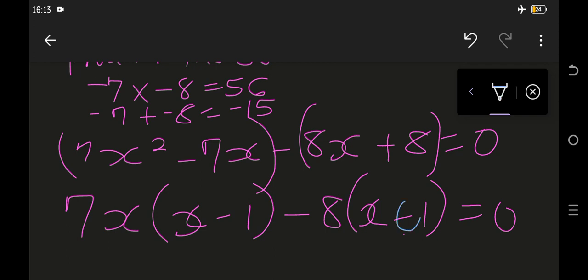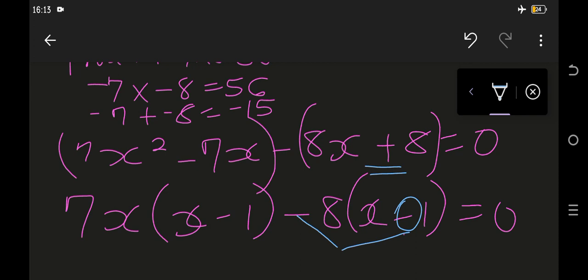The reason as to why we are writing negative there is if you take this negative times this negative, you're going to get that positive. So when you are factorizing, make sure you take keen note of your negatives and your positives, because if you change one, a negative that was supposed to be a positive, or a positive that was supposed to be a negative, then you're going to be getting a wrong answer. So be very careful with that.